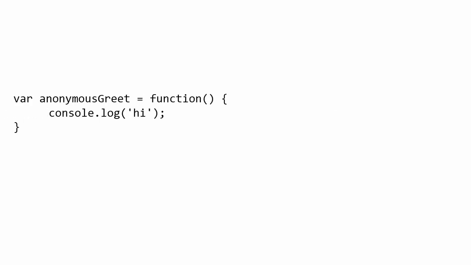Now what about my function expression? In this case, I have an equals operator that's putting this object into memory and pointing that anonymous greet variable at that address. Remember, it's not really looking at the name of the function or anything like that. It knows the address in memory, just like you have an address for where you live.